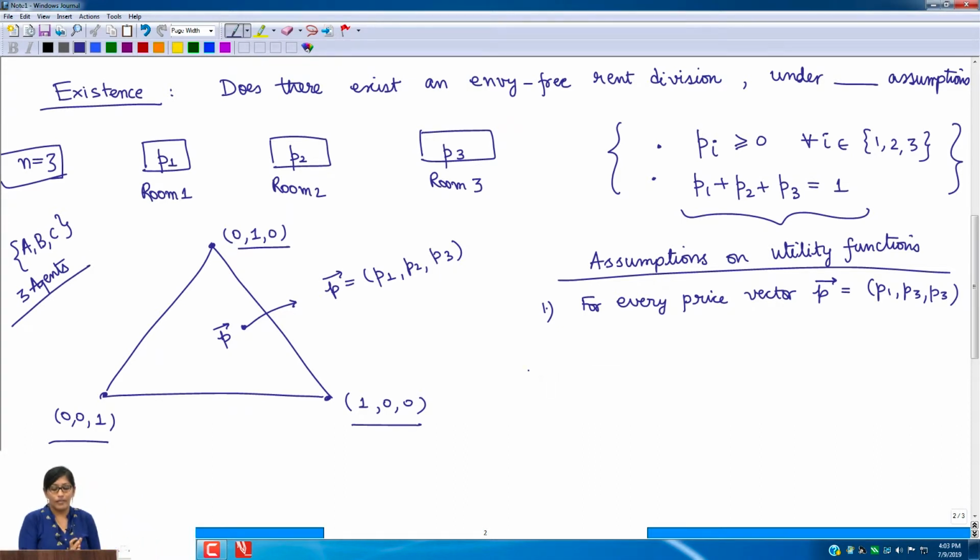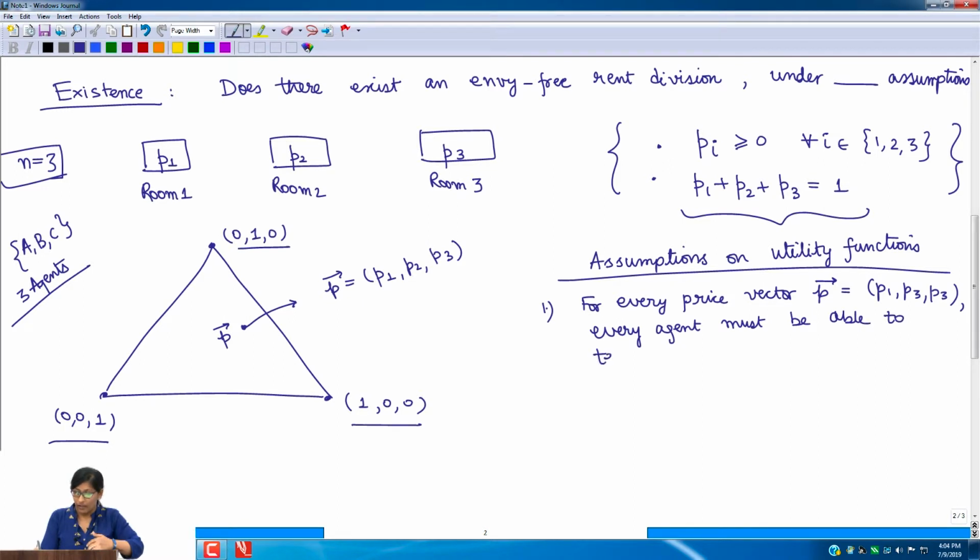For every price vector p, every agent, by which I mean agents A, B and C, must be able to pinpoint, under this particular rent allocation, the room in which they would want to live. This is the room which gives me the highest utility. So every agent must be able to tell his favorite room.